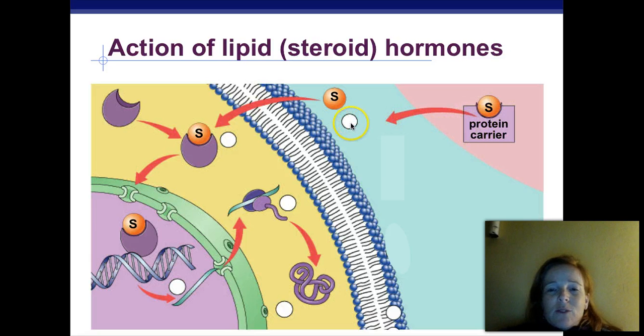It's a lipid, so it goes right through, and then it goes inside the nucleus where it binds to the DNA as a transcription factor, and it says, start transcription, and so it starts making lots of messenger RNA.